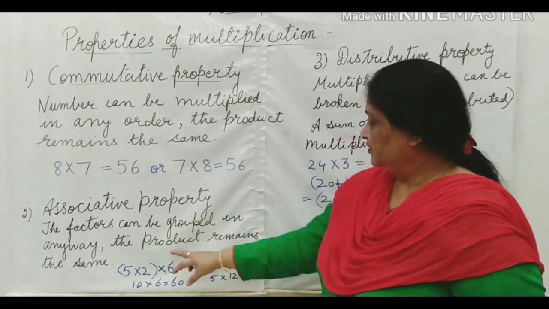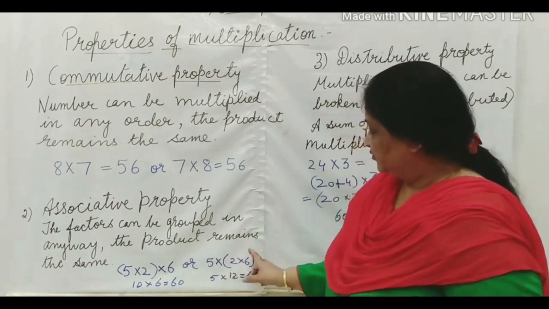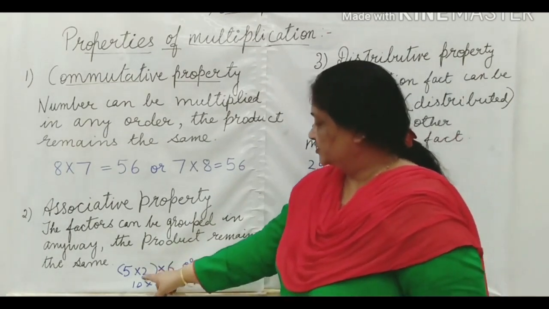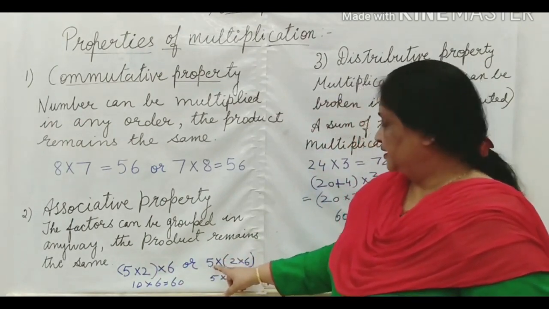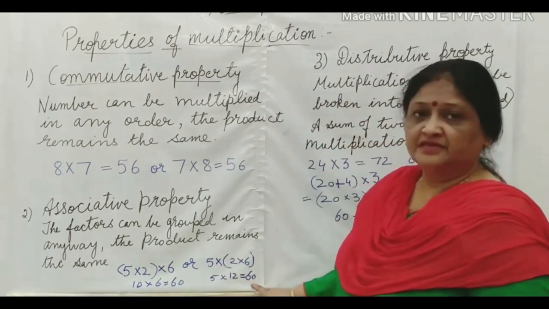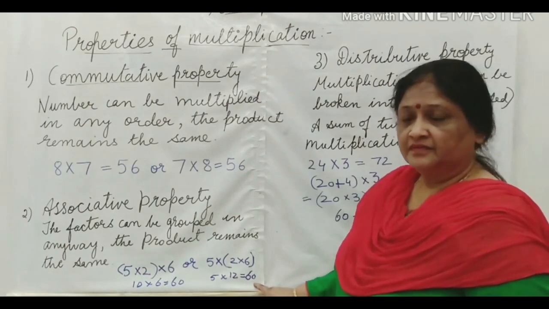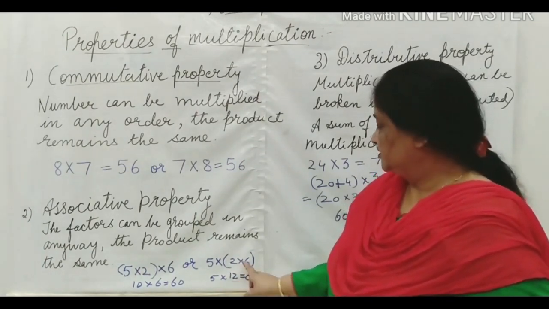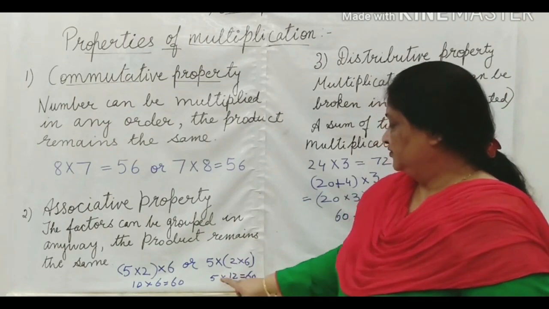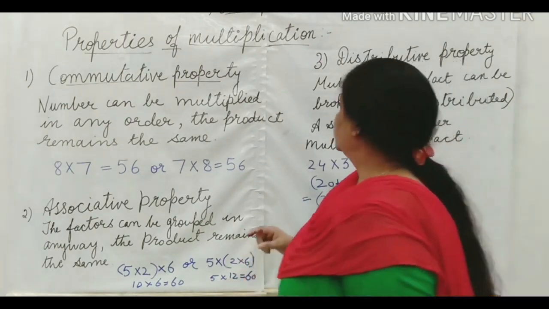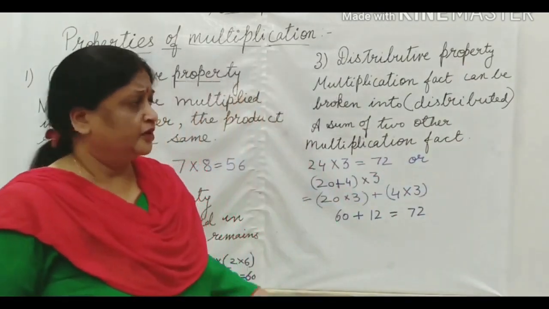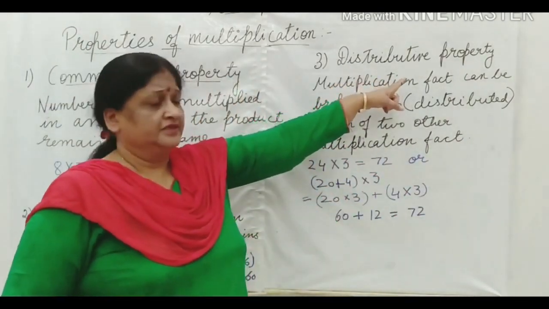Or in another way, we put the other 2 factors, 2 and 6, in the bracket and then multiply by 5. 2 times 6 is 12, and 5 times 12 is 60. Again the product remains the same. Clear children?